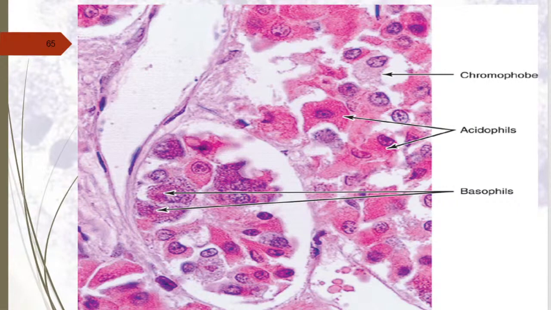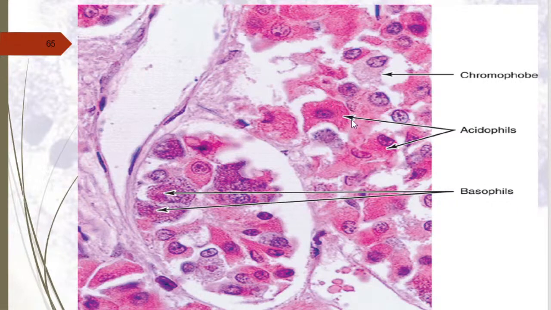In the pituitary gland we find three types of cells. Their names are the same as the identification of these colors. For example, we do not say I have seen a pink cell. No, it is incorrect. I have seen acidophils or acidophilic cells.